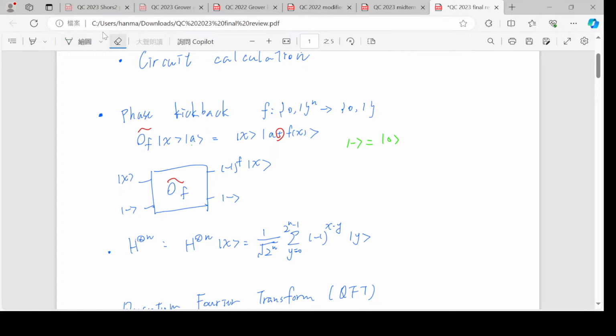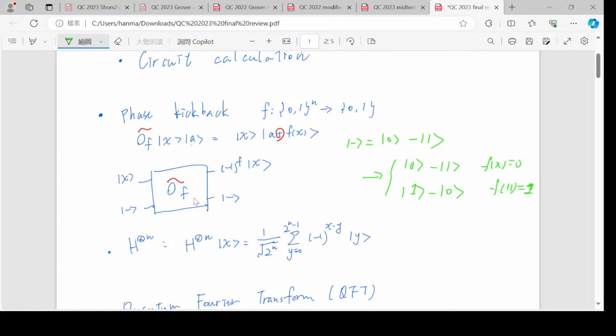Then you add f of x here. It stays 0 minus 1 if f of x equals 0, because you add 0 and nothing changes. If f of x equals 1, then 0 plus 1 becomes 1, and 1 plus 0 becomes 0.